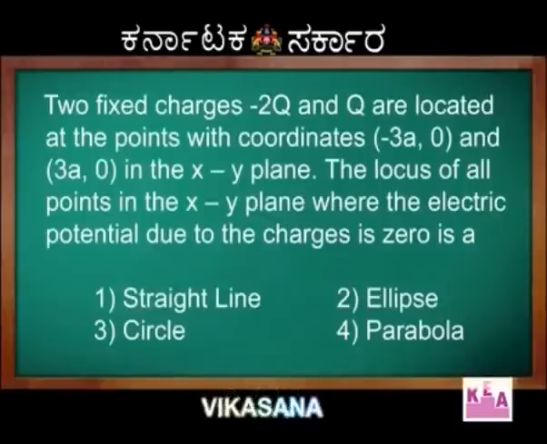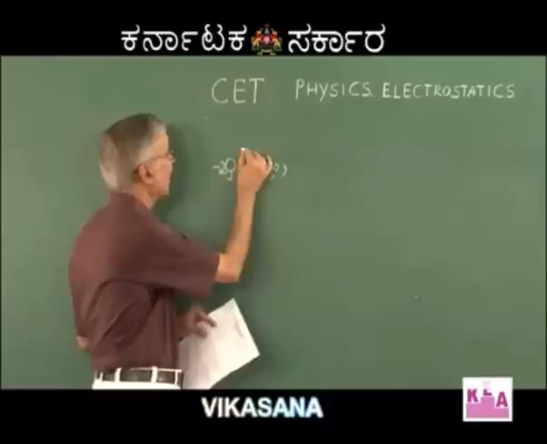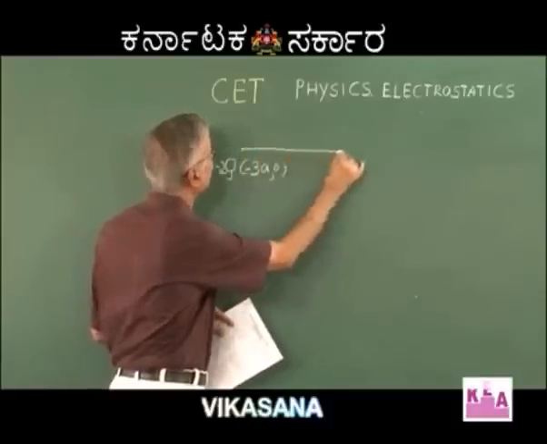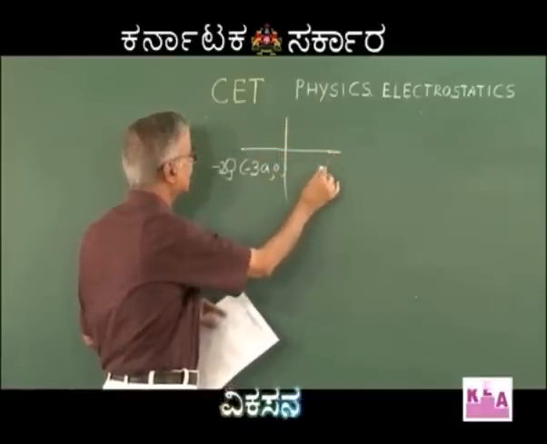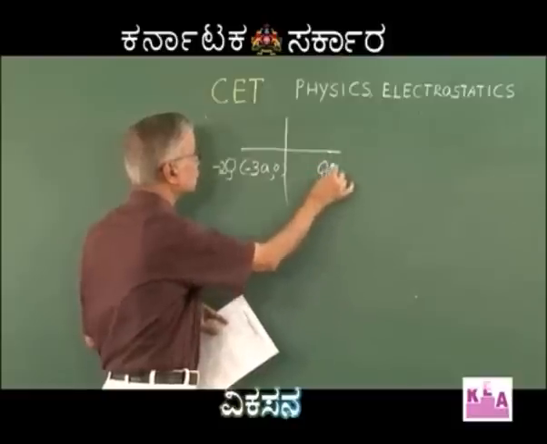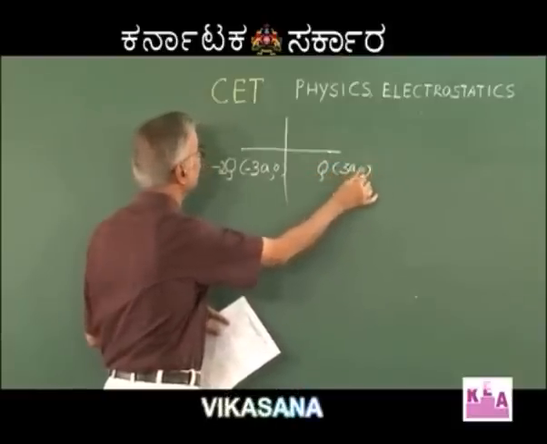The charge minus 2q is located at the point minus 3a, 0. Another charge is located, and the charge is q. It is located at the point 3a, 0.